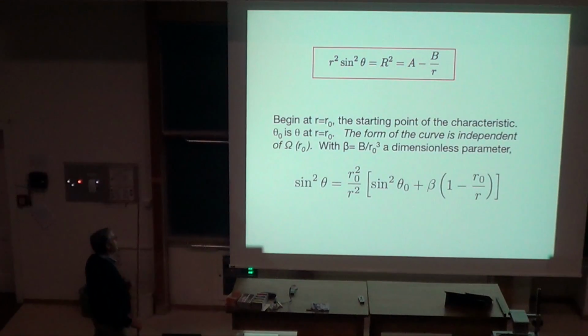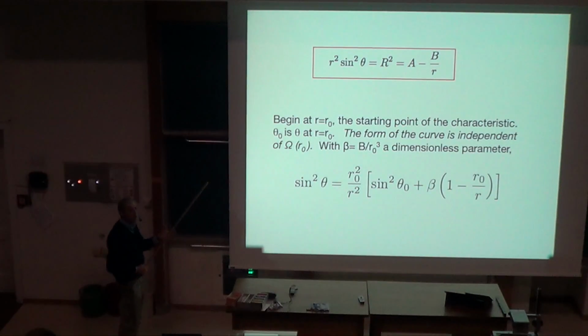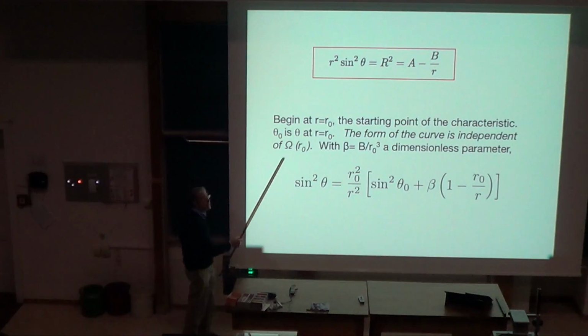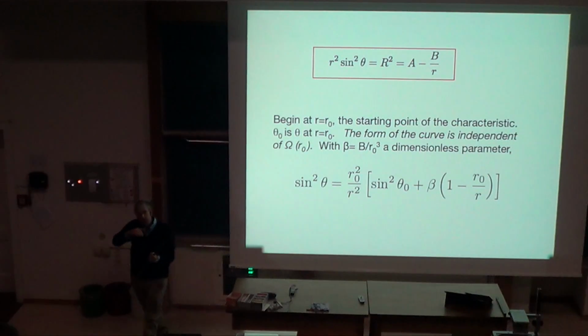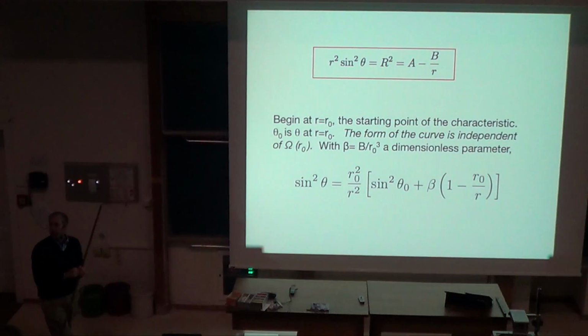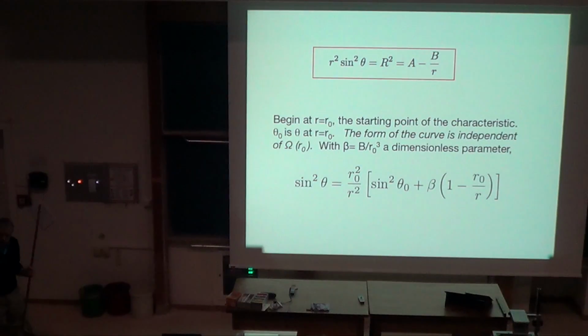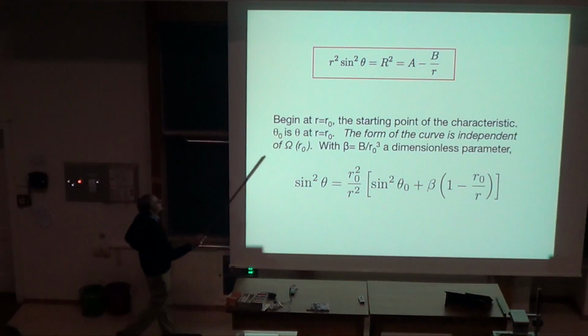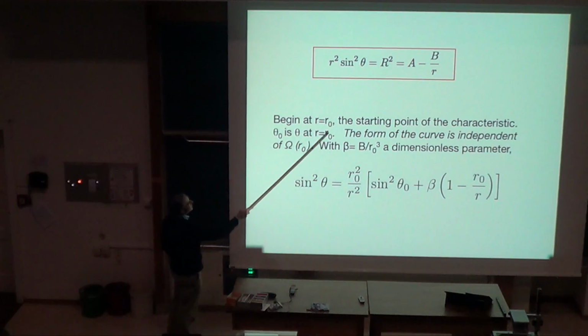More specifically, what we would do to construct a solution is to begin at some surface. When you solve a partial differential equation, you need to specify the data on the surface, and then the characteristics tell you how it propagates off that surface. So the basic form of this curve is, I begin at some point R0.